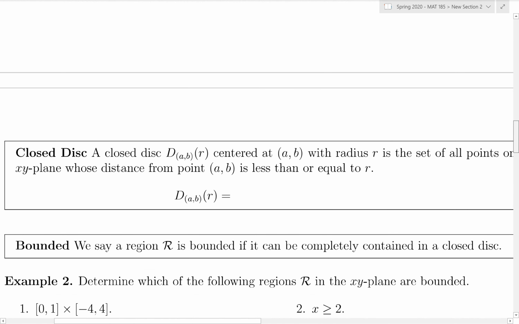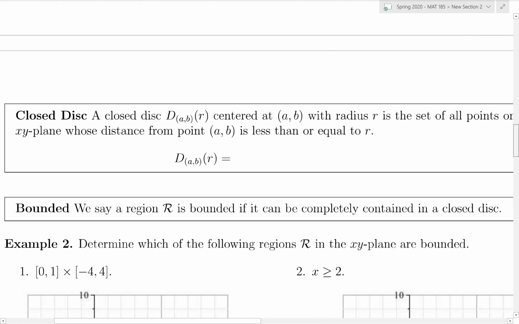All right, so now that we're equipped with the definition of global max and global min, and we know what a closed and open set is, I'd like to talk about one final definition, and that is what is called the closed disk. Closed here means, again, that it should include all its boundary points.